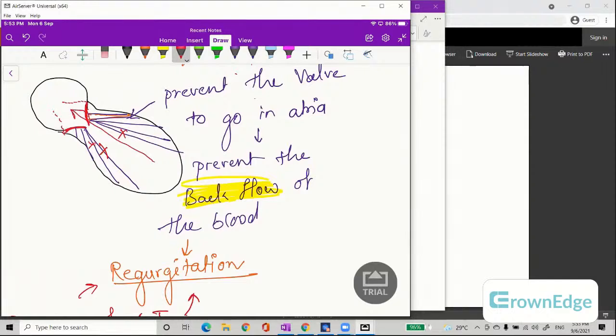Rather than going into the aorta and pulmonary artery, the blood will flow back into the atria. Only when the chordae tendineae rupture do we have regurgitation, not vice versa. If the chordae tendineae are proper and the valves are working properly, this backflow will not usually occur. Either there is a problem in the valve or a problem in the chordae tendineae.